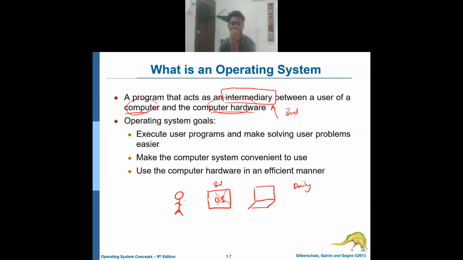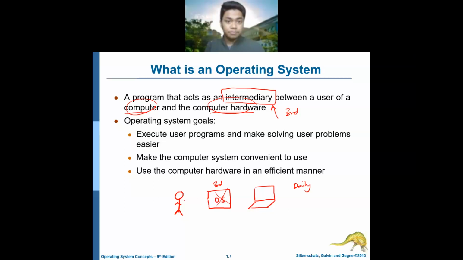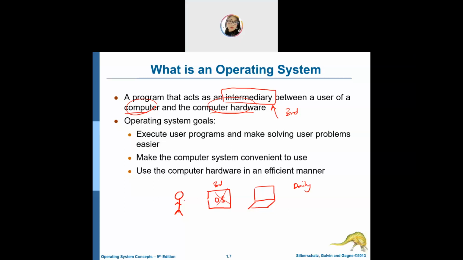Windows. Windows, that one is in terms of your computer. It is not about the computer. Your daily activities. Office. Office to be a third party for?